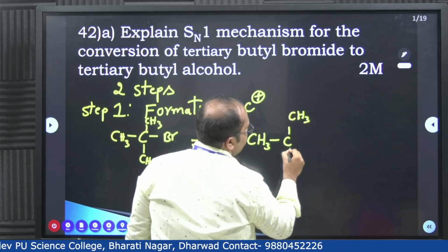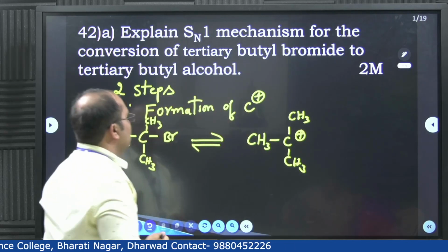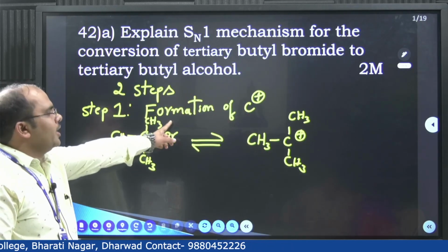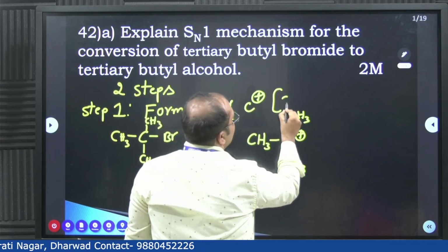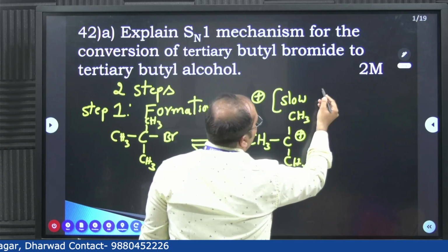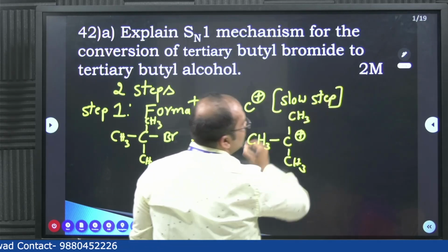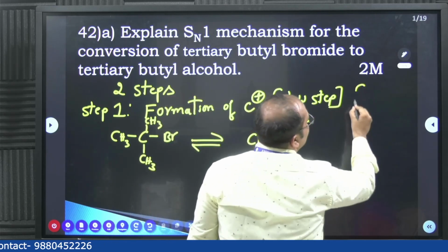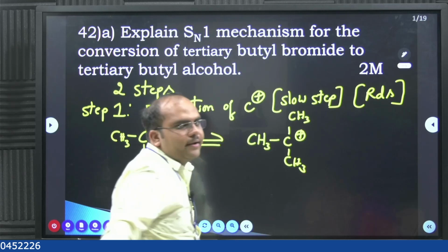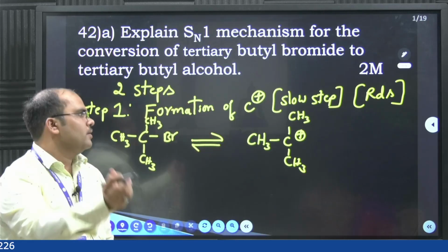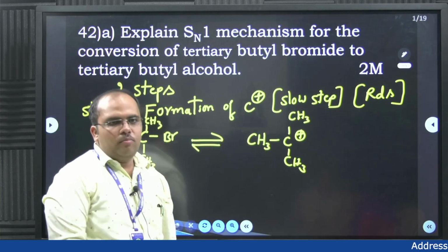The formation of carbocation is considered the slow step, and it is also called the RDS, that is the rate determining step. By this step we form the carbocation.